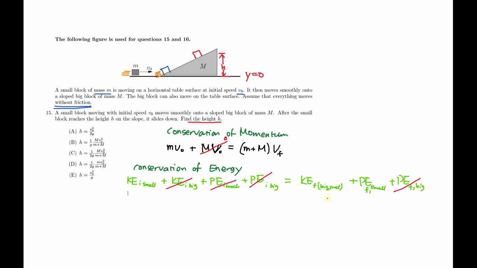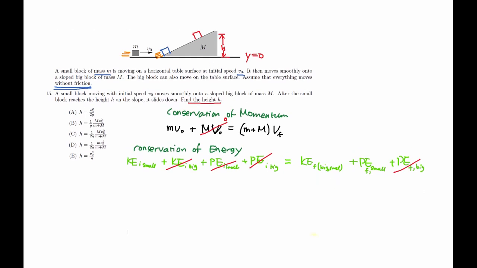So I'm going to have 1/2 m v squared for the kinetic energy, then the combined-mass kinetic energy is 1/2 (m plus big M) v final squared, and then the small potential energy is now mgh.